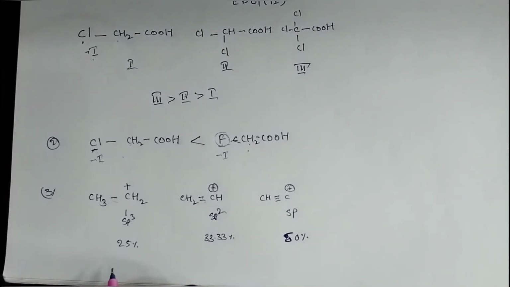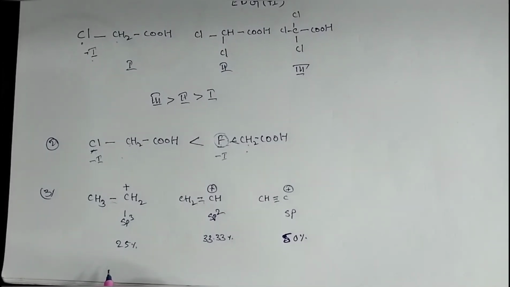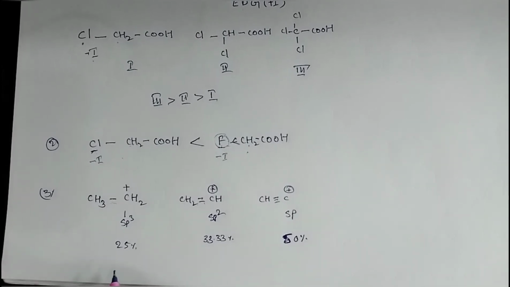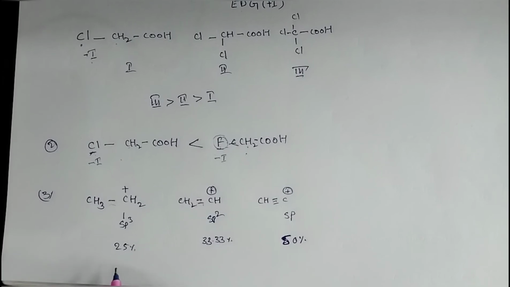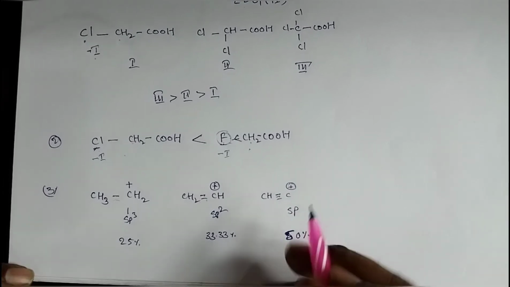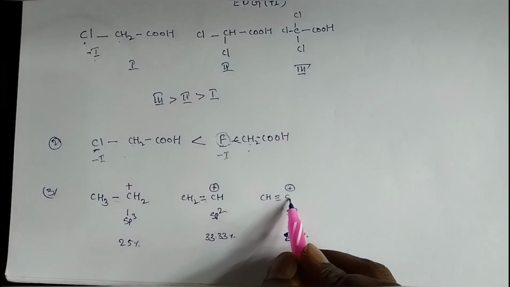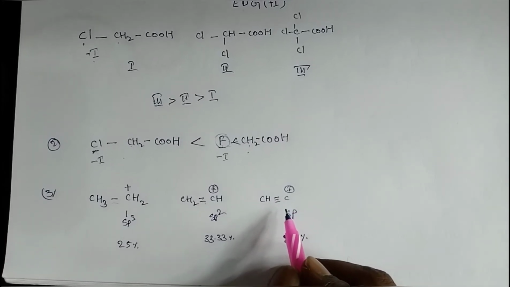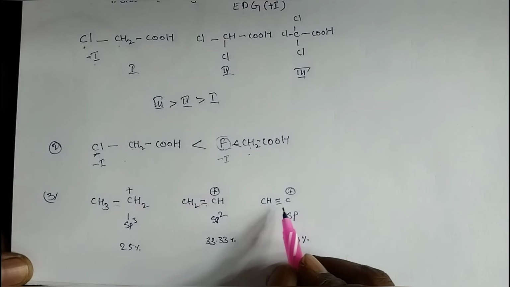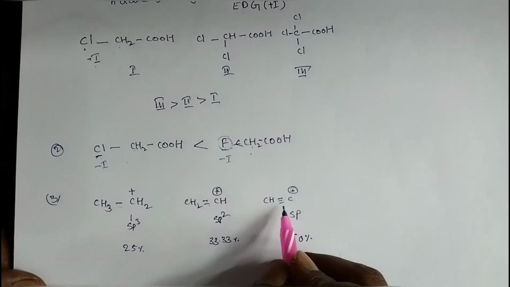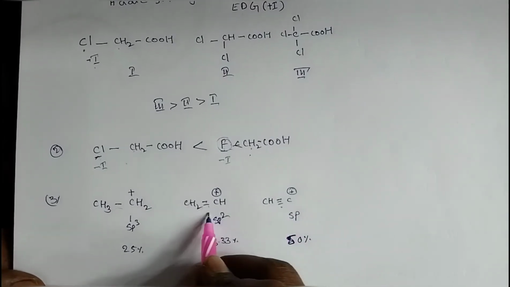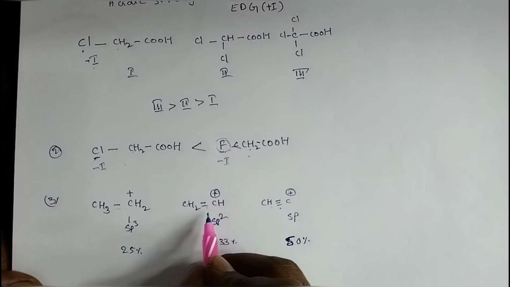S character always increases the electronegativity of that particular compound. Now this carbocation has more electronegativity, and more electronegativity means more attractive power. So when there is more attractive power, this one acts as more acidic compared to this one.